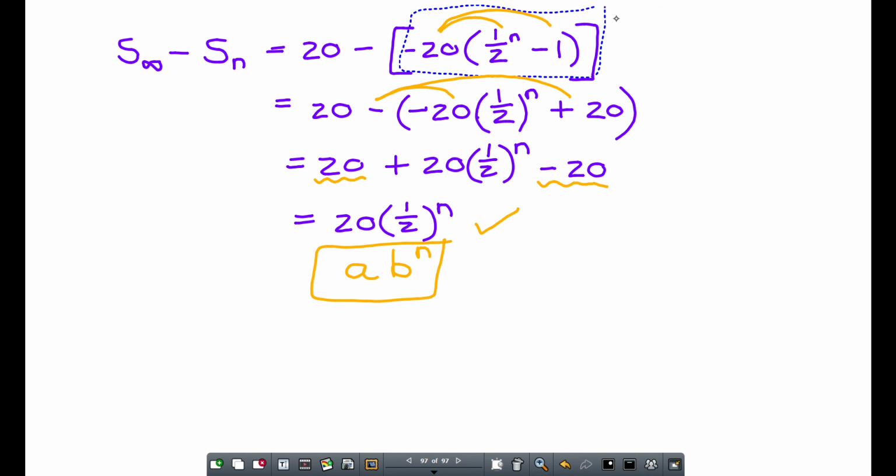You guys see that? All I did is, I took out a negative. So kyk gou, die een wat jy net maar gehad het, was 'n positief 20, né? Now it's negative 20. Then it was actually 1 minus a half to the power of n. So the 1 now becomes in minus 1. And the minus a half to the power of n becomes a positive 1.